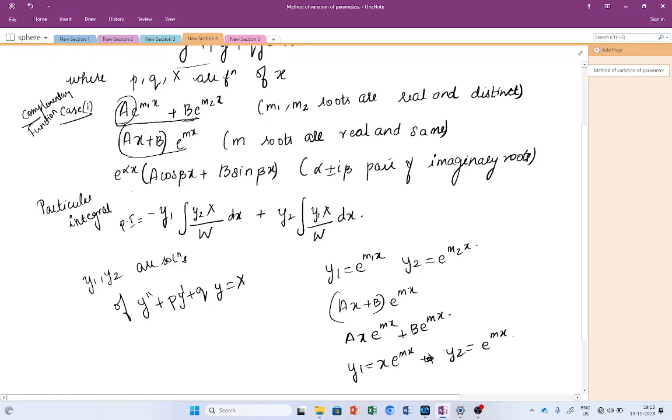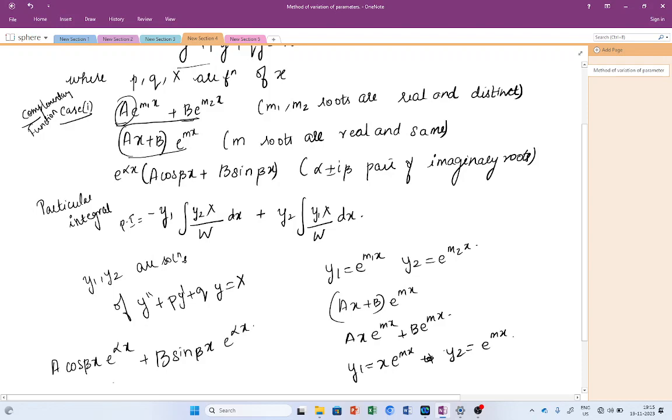For case 3, if I multiply by e power alpha x, it will be a cos beta x e power alpha x plus b sin beta x into e power alpha x.